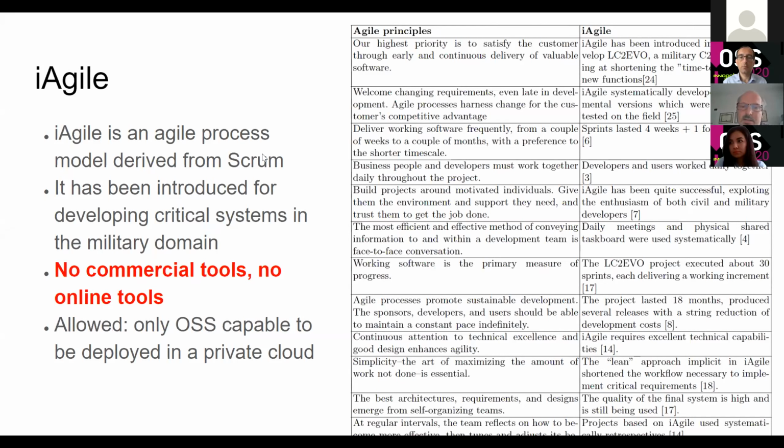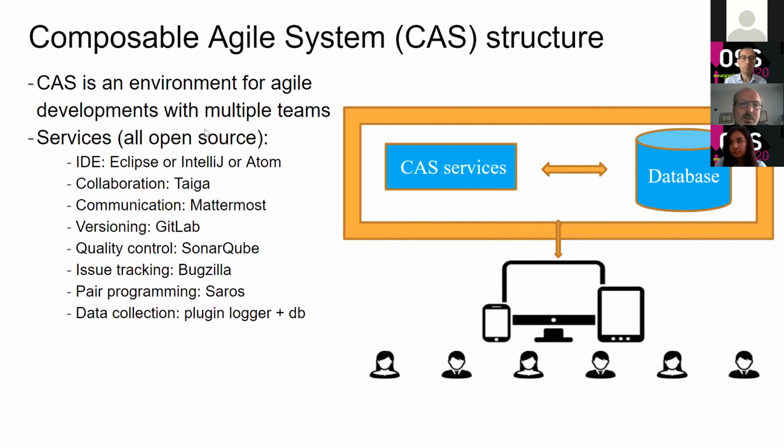Given this constraint, we developed this system, which we named the Composable Agile System, an environment suitable for multiple teams, which is in practice a composition of existing tools bound with some software devised by our own.